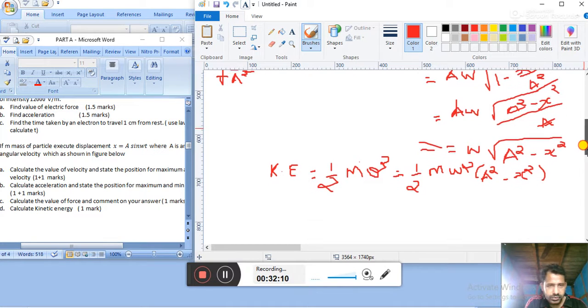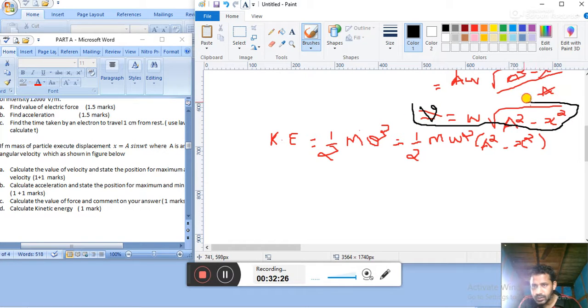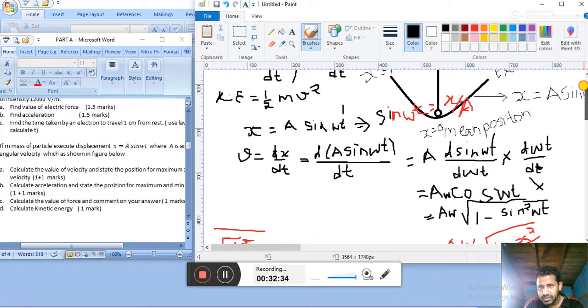Another question is also there: state the position for maximum velocity. You got your velocity equals this term. You know at the mean position x equals 0, and the extreme position means x equals a.